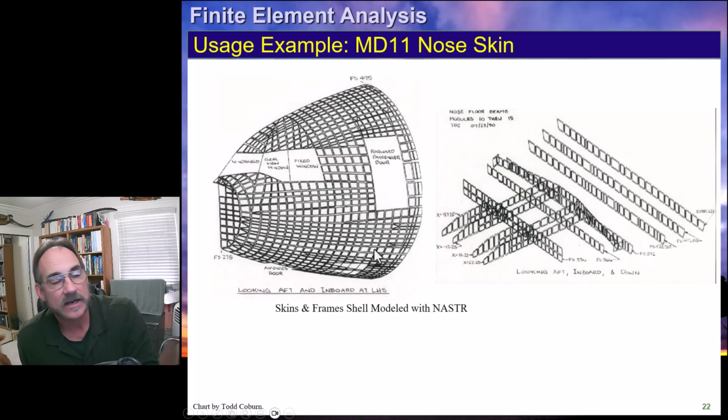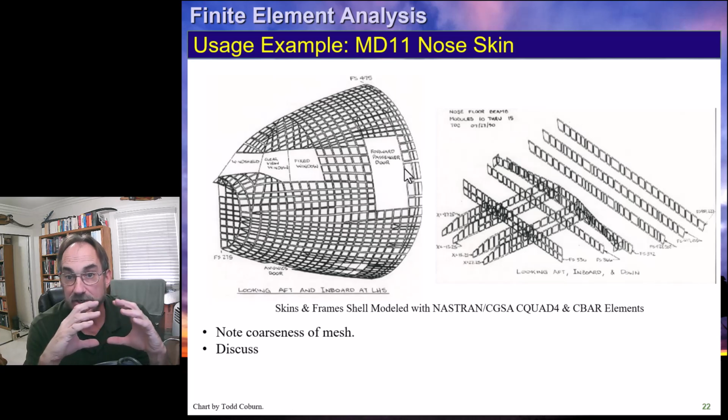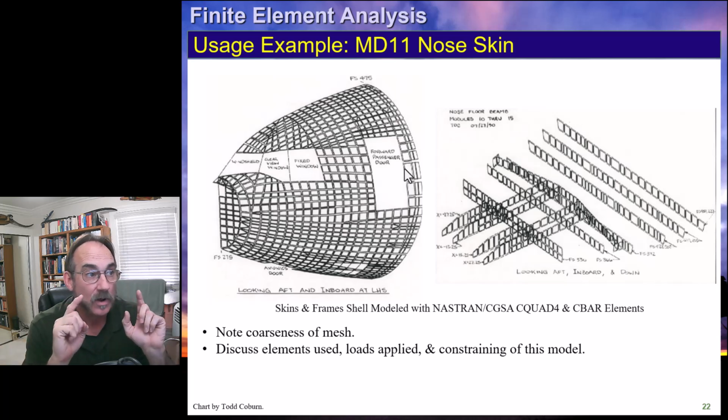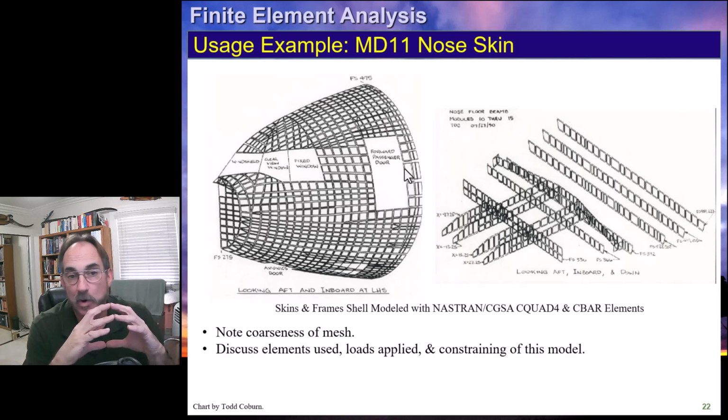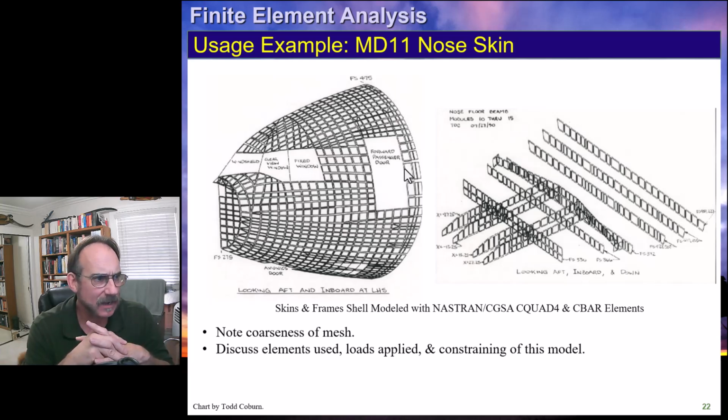Now, in this case, since the nose of an aircraft is pressure critical, we're usually assuming full effective widths for most of the skin. So these shell elements were all quad elements, but these floor elements use shear elements. This is actually a NASTRAN model.